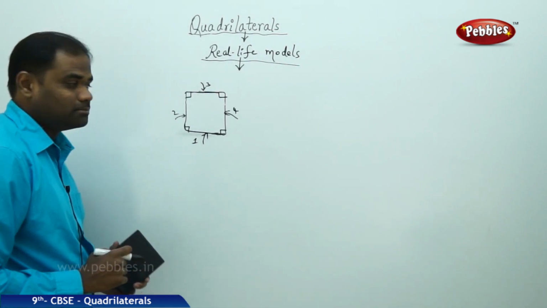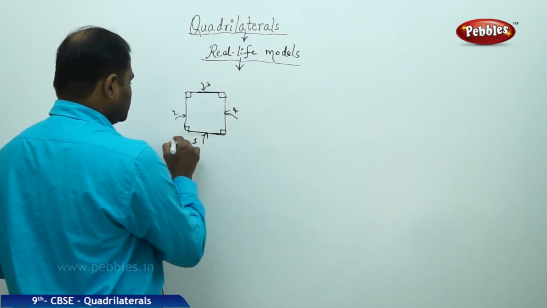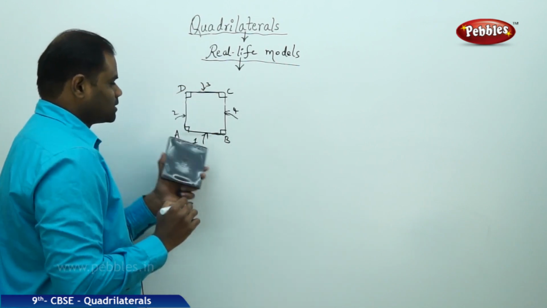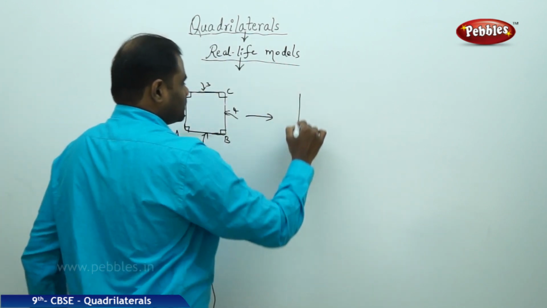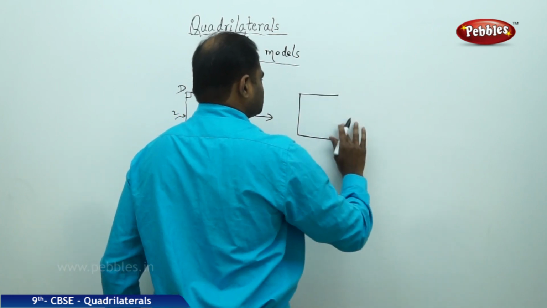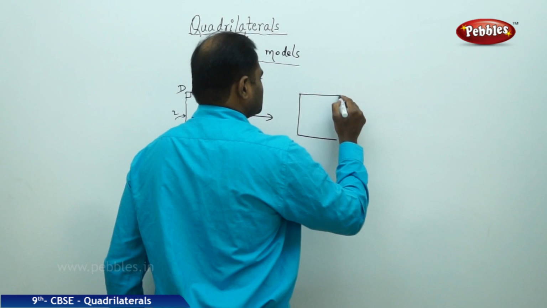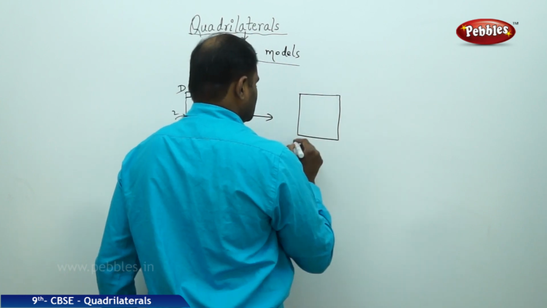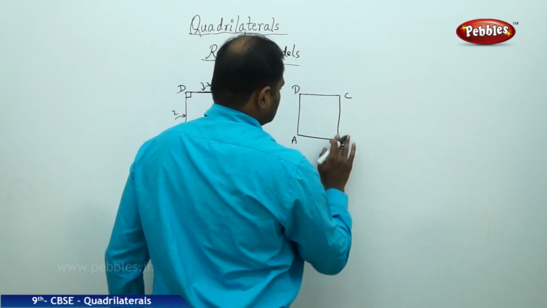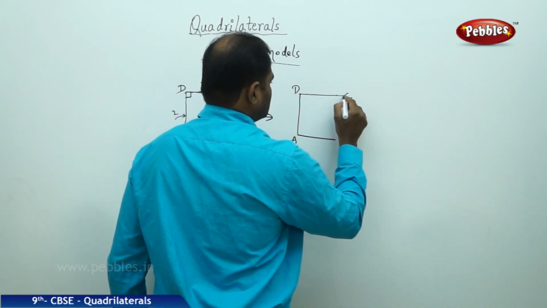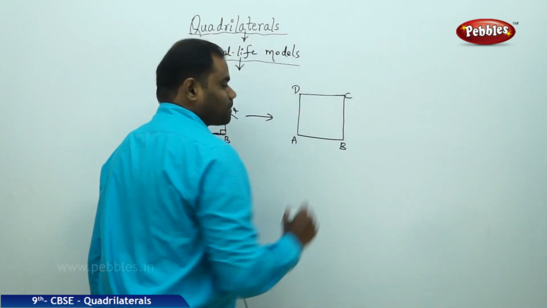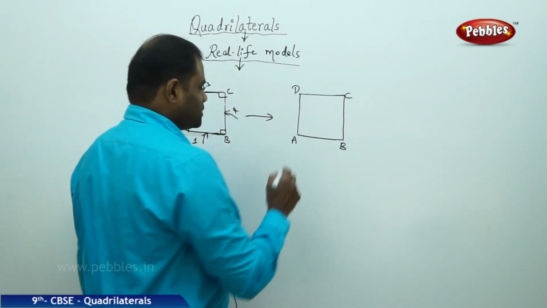And also I observe the length of each side. For example, I take the four corners as A, B, C, D. When I take a clearer picture of this, I have A, B, C, D in which each angle is 90.